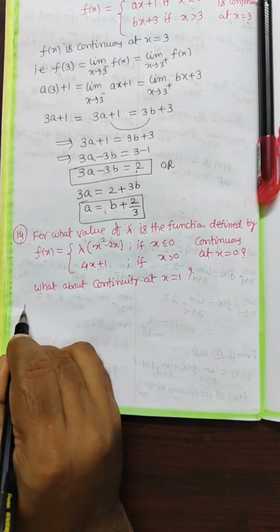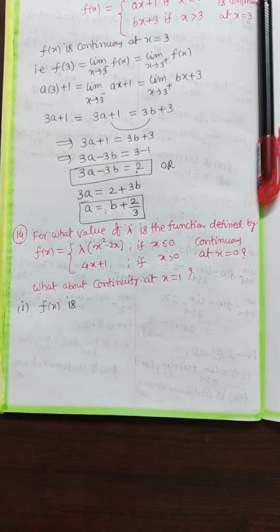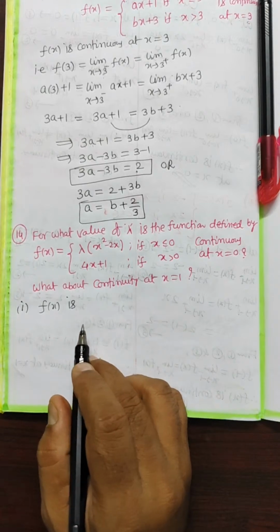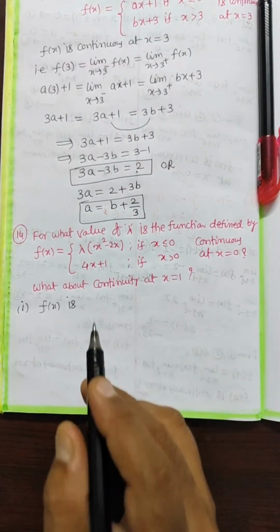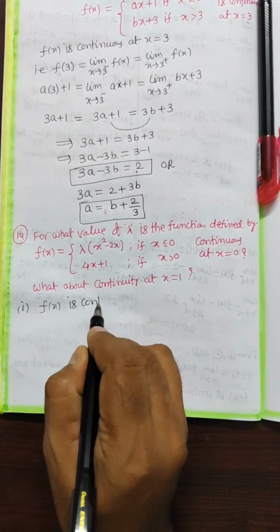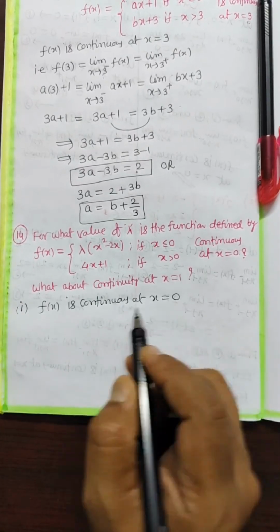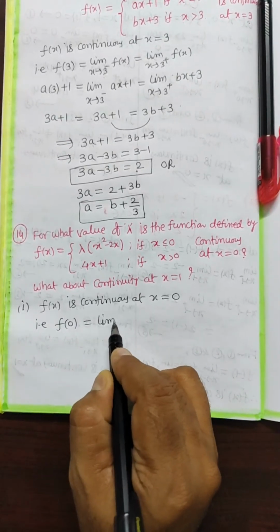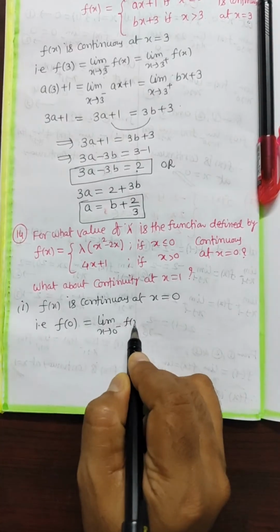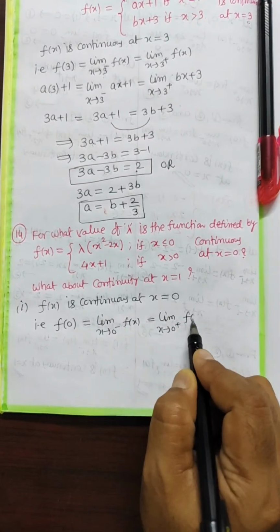First, case 1: for what values of lambda is the function continuous at x equal to 0? F of x is continuous at x is equal to 0, that is f of 0 equal to the left limit, limit x tends to 0 minus f of x, equal to limit x tends to 0 plus f of x.